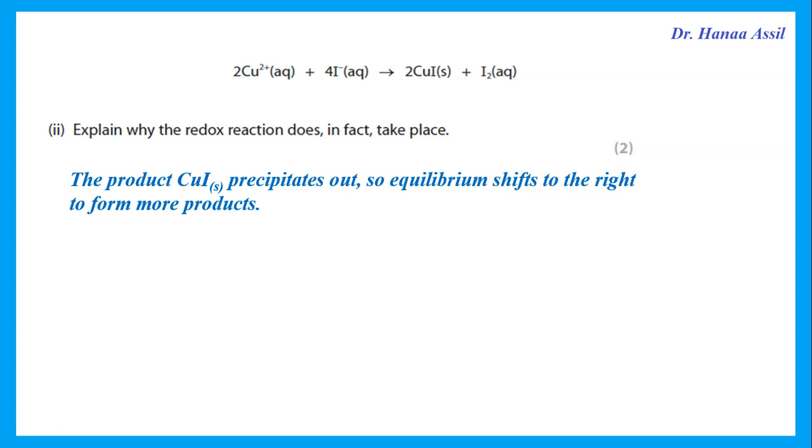So the equilibrium needs to shift to the right to form more products in order to replace the copper iodide that is removed from the solution. So this is why this reaction occurs. One of the products is a precipitate, so this forces the reaction to go to the right to form more products.